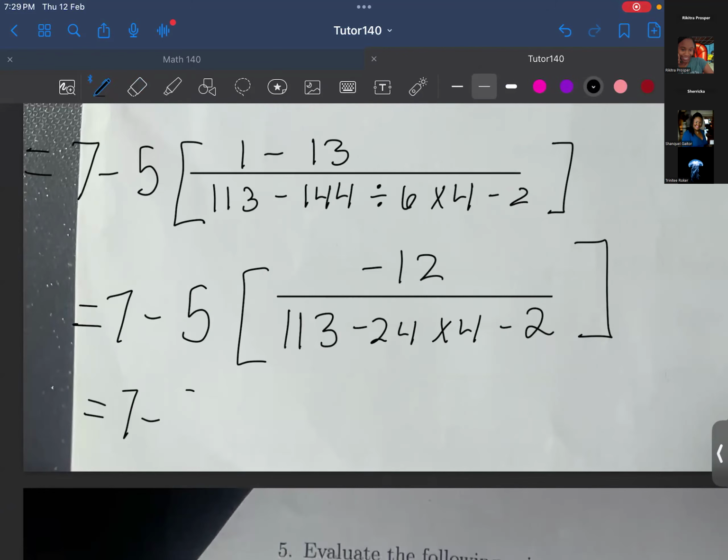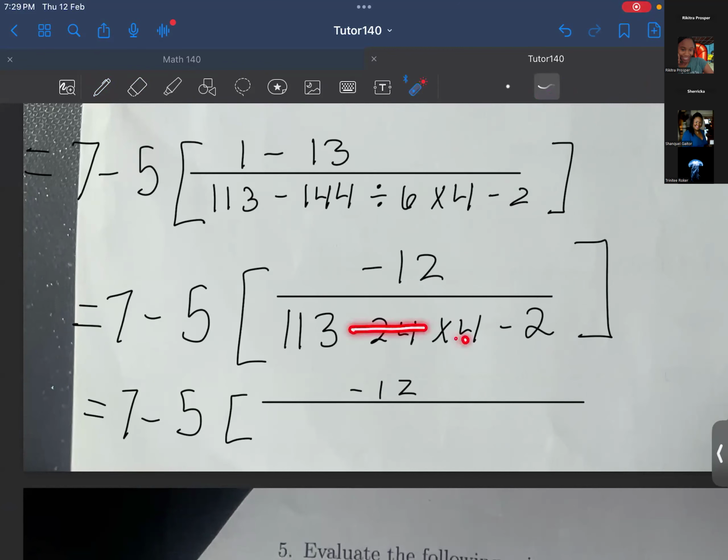So equals 7 minus 5, negative 12, divided by, we're going to do multiplication next. So negative 24 times 4. So put the 113 back, and then negative 24 times 4 is minus 96. So 113 minus 96 minus 2.